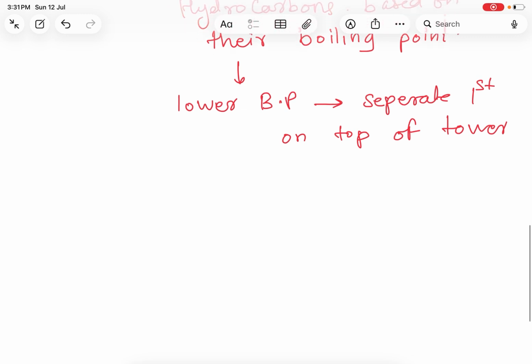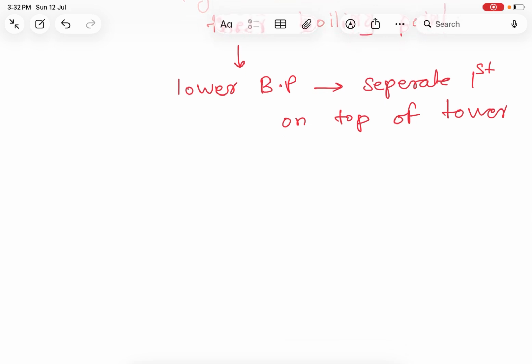The one with the higher boiling point will settle down at the bottom of the fractionating tower.